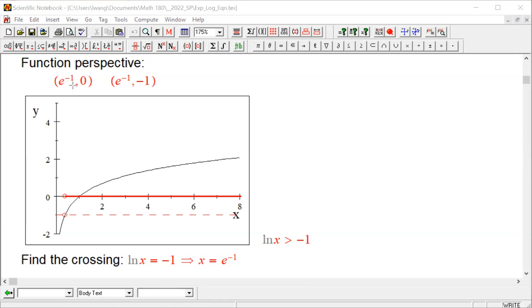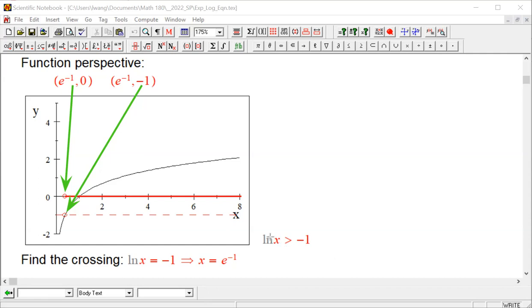E to the power negative 1, 0 is this point. E to the power negative 1, comma negative 1 is this point. These are inputs and outputs. And right here indicates all of these numbers larger than e to the power negative 1. Those outputs will be larger than negative 1. So this is the geometric meaning.